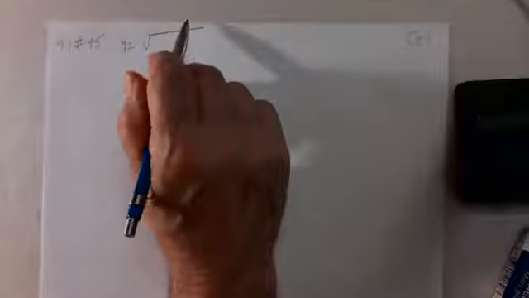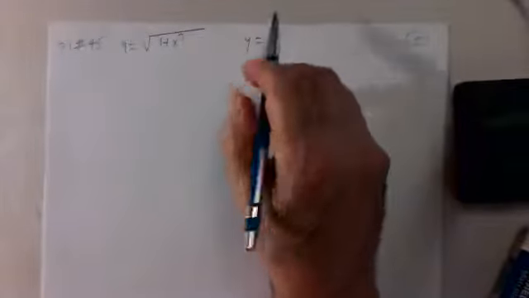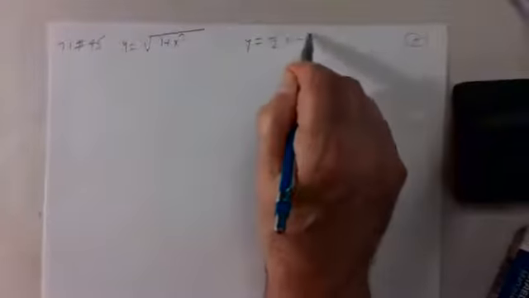So we have two functions: y equals the square root of 1 plus x cubed, and the other function is y equals 1/2 x plus 2, and x equals 0. So what is this thing going to look like?